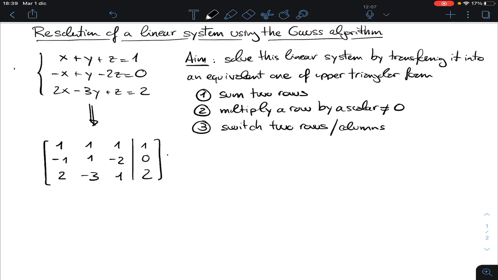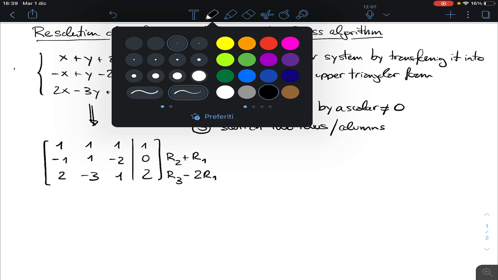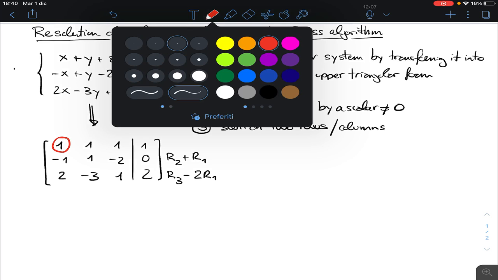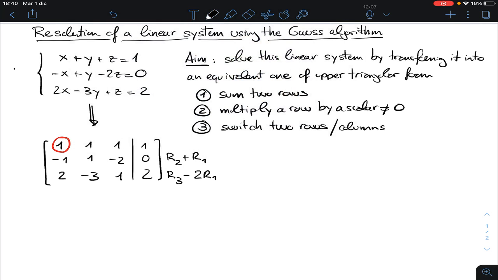In particular, we may add to the second row the first one, and we may subtract from the third row twice the first one. The reason why we make this choice is because of this 1 here, which may be used to erase the minus 1 and the 2 which lie below it. So let me show you what we get in this way.